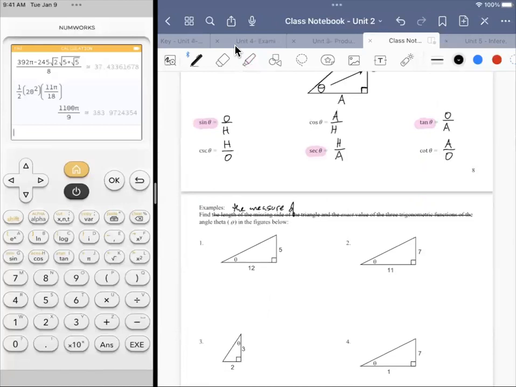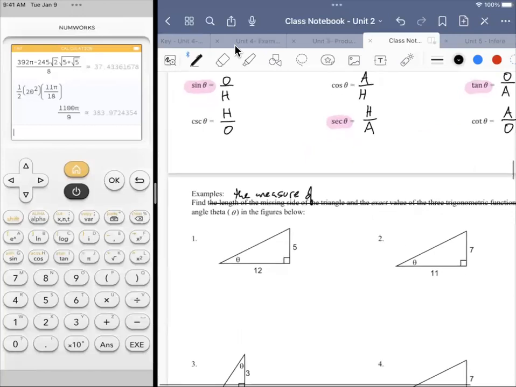Find the measure of angle theta in the figures below. The perspective is important because in some cases it changes. It all depends on where the hypotenuse is, and indirectly or directly, where the right angle is.